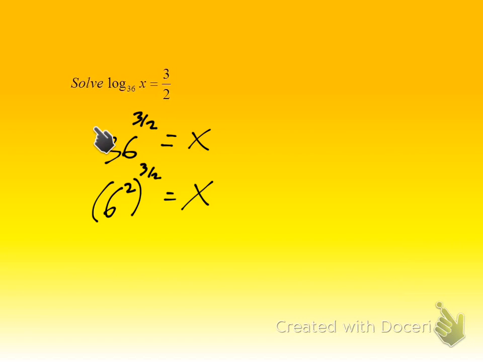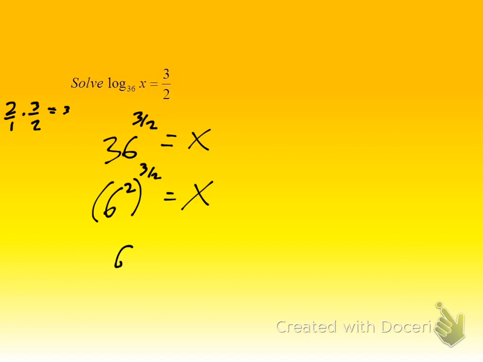Now my question for you, these powers, what do you do with these powers? You multiply. Multiply 2 and 3/2. So what is 2 times 3/2? 6 over 2, which reduces to 3.